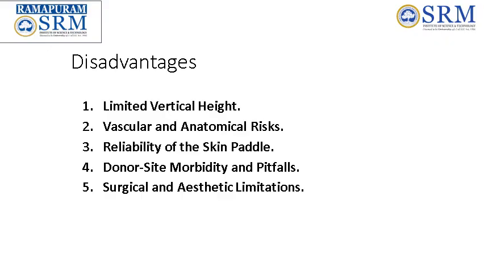Sometimes the vascular anatomy is not always clear, so you can have an altered vascular anatomy, and the skin paddle is not reliable. The skin perforators can come from different sources. Donor site morbidity and pitfalls as usual, and surgical and aesthetic limitations are the disadvantages we have.